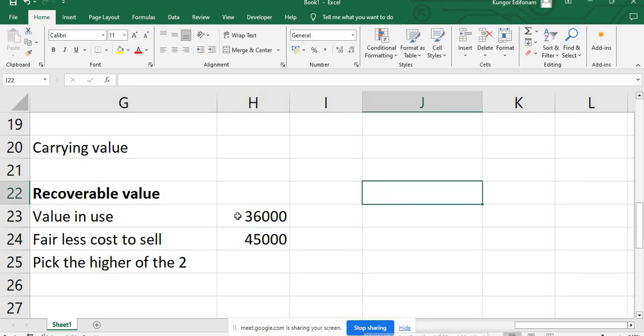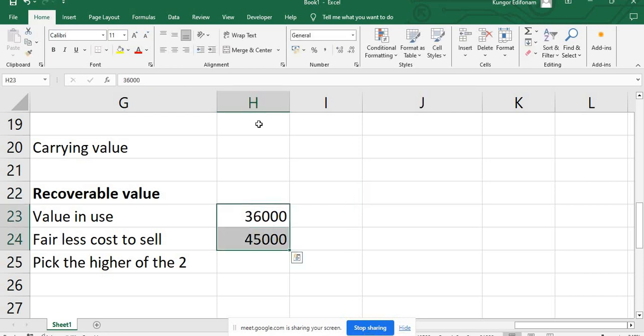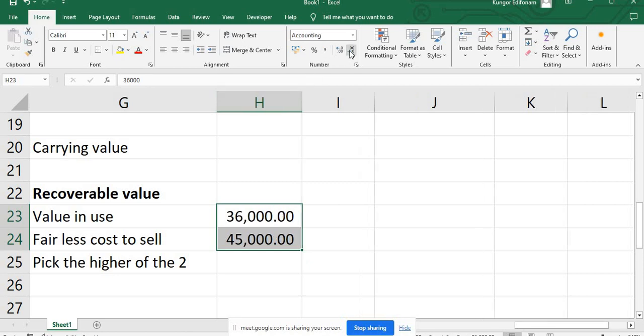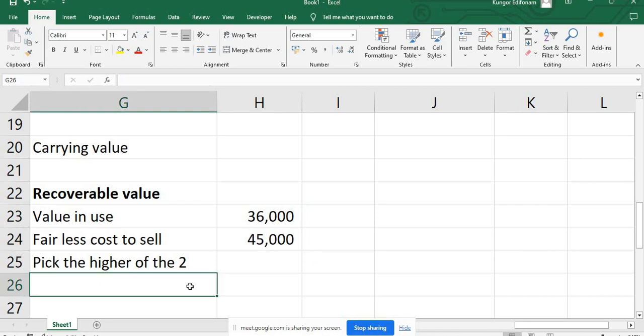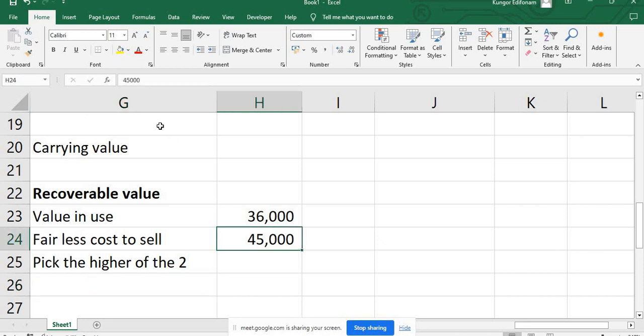Okay. So what do we think would be our recoverable value? Picking the higher of the two, what would be our recoverable? It would definitely be the 45,000, right? Because that's higher. So our recoverable value is going to be 45,000.